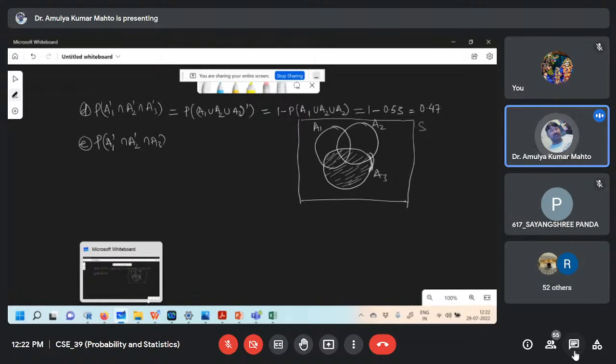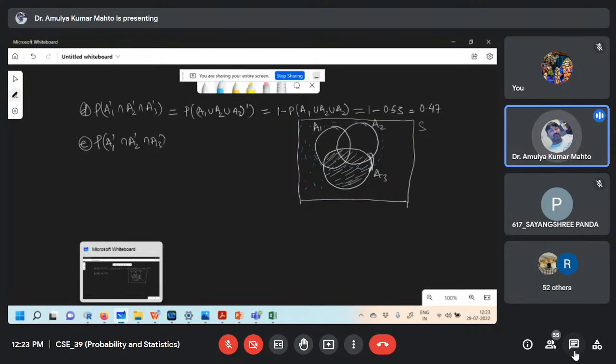Suppose this is geometric sample space. So A1 dash intersection A2 dash is the part which is actually this outer part. This whole outer part is A1 dash intersection A2 dash. So A1 dash is the outer part, A2 dash is the outer part.